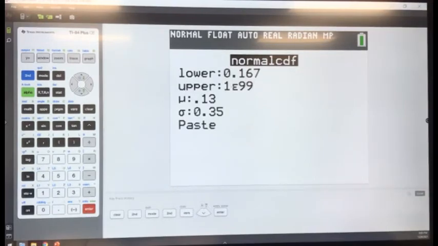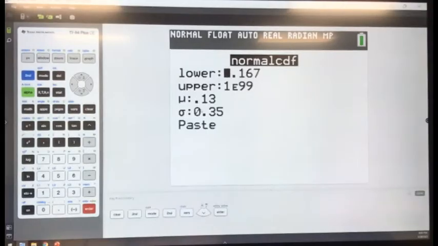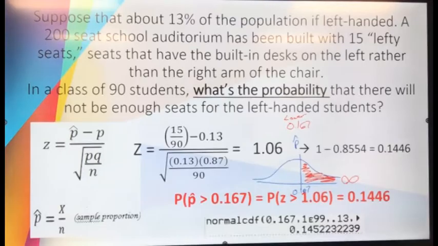That's the highest number you can ever put. And then my mean is 0.13, the percentage of lefties, and my standard deviation is going to be 0.035. And paste. And as you see, I get 14.5%.